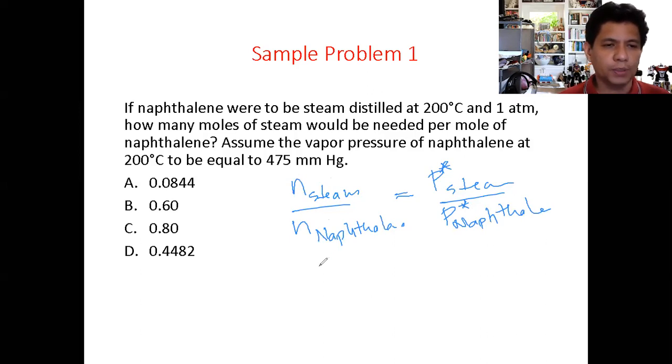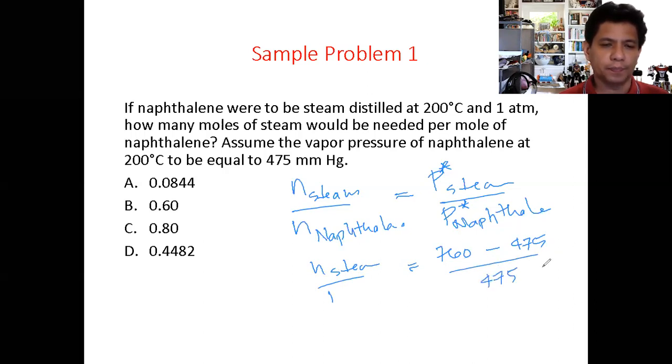The number of moles of steam is unknown. The number of moles of naphthalene is 1. Pressure of steam is 760 minus 475, all over 475. These are all in millimeter mercury.